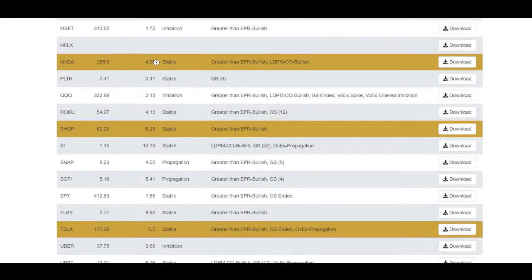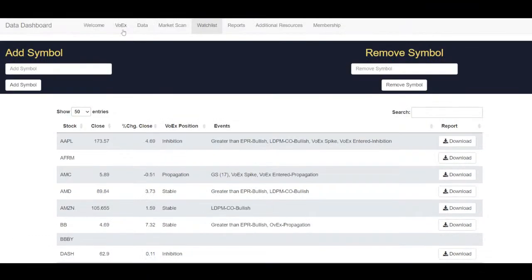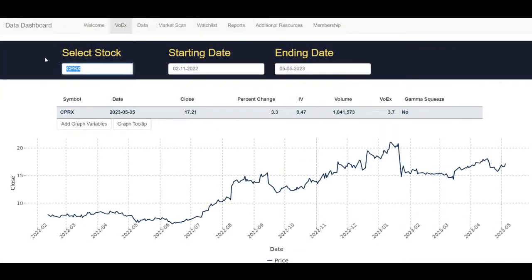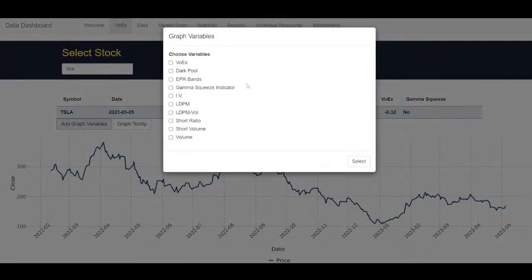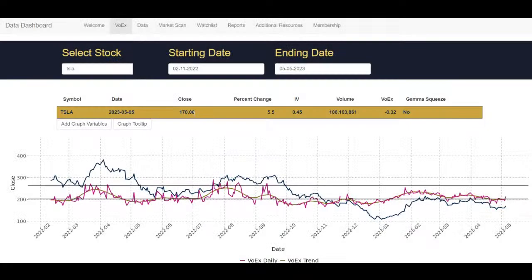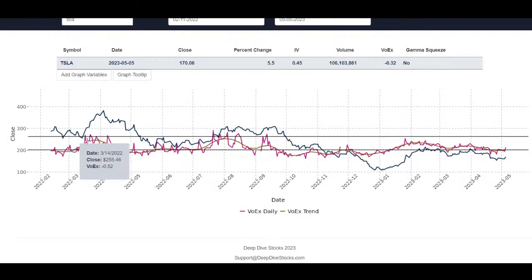Here, you know what? I think we could probably do this better if we go here. Yeah, this is much better. So when VOX is in the middle right here, that's considered bullish. It means that there's stability in the price, and we don't expect it to go down.